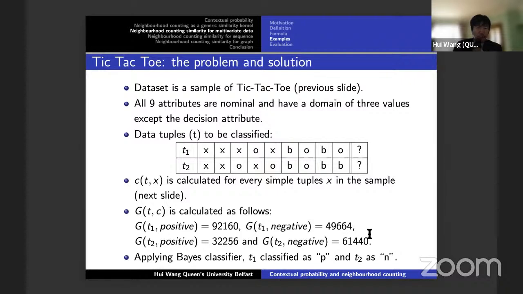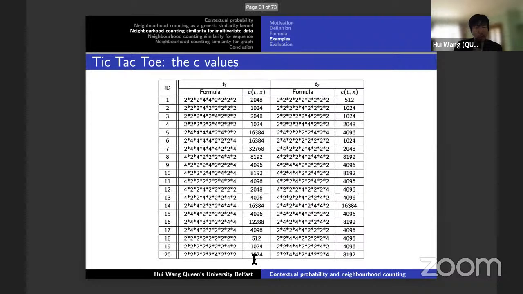On the basis of this, we can classify these two data points accordingly by using the Bayes classifier. So that is the intermediate result for calculating the G probability.